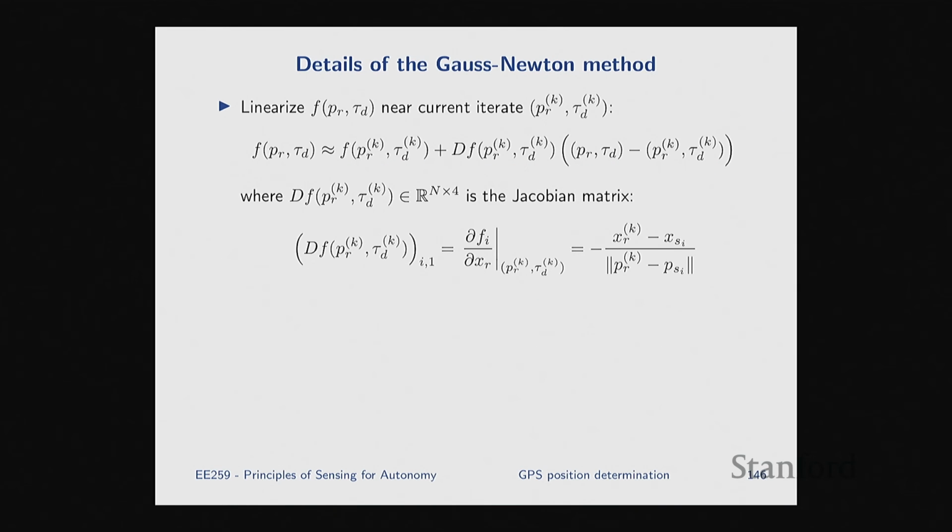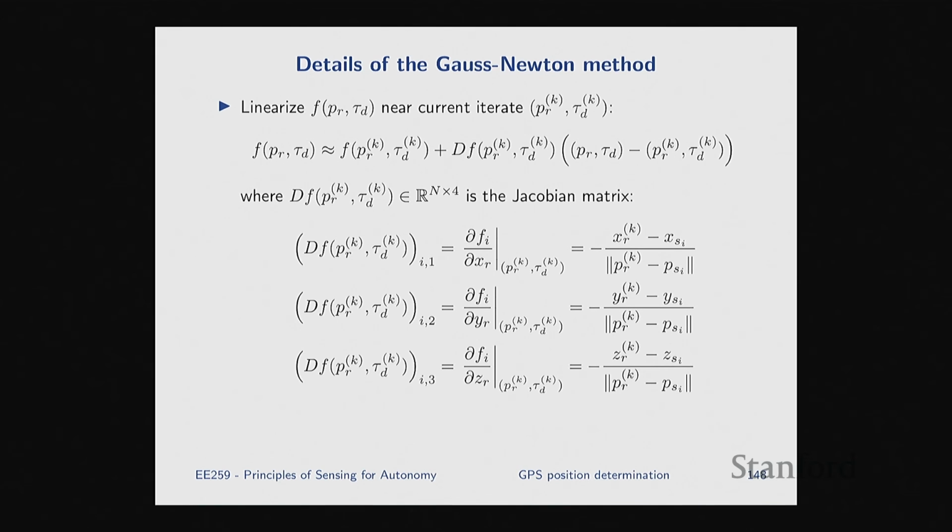For instance, the first column is the partial derivative of f_i with respect to x, and that becomes equal to the current iterate of x minus the x of the satellite. This is very important, minus x_s_i. So this is receiver, this is for satellite. So x_r minus x_s over basically the norm of p_r minus p_s, which is the total distance from the receiver to the satellite.